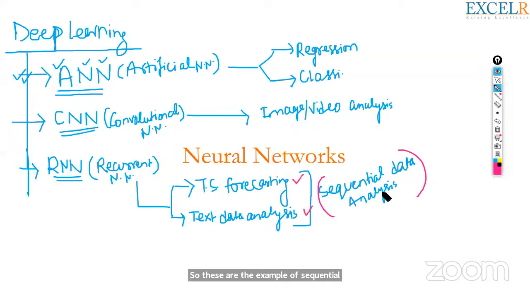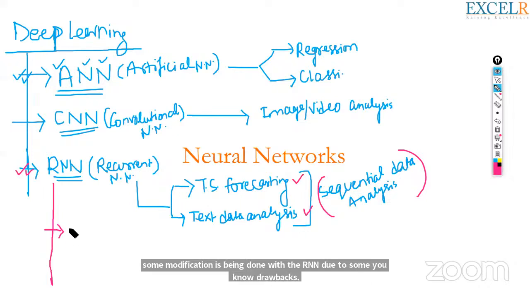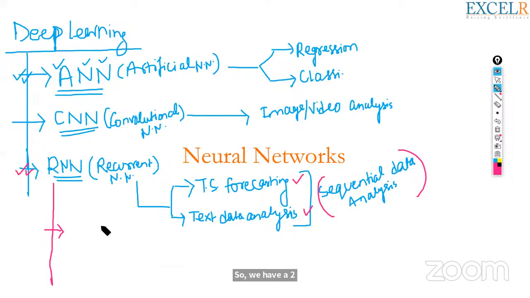And we do this kind of sequential data analysis with the help of the RNN, which is a recurrent neural network. Then we have some advanced versions of RNN, or you can say some modification is being done to the RNN due to some drawbacks. So we have two more versions of RNN. One is known as the LSTM, which is again useful for time series forecasting or text data analysis, both of the cases, and we call it a sequential data analysis application.